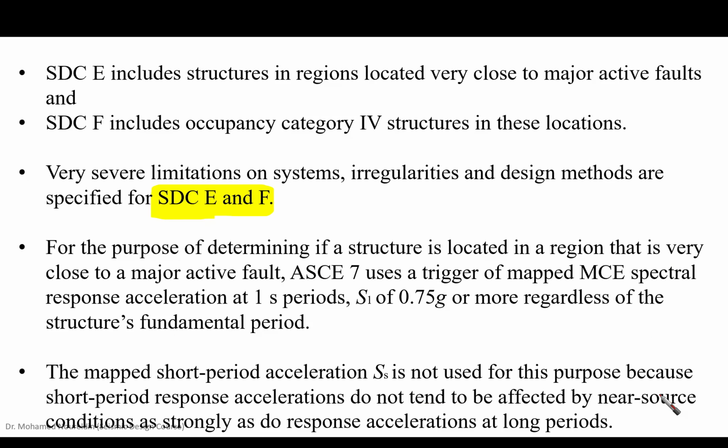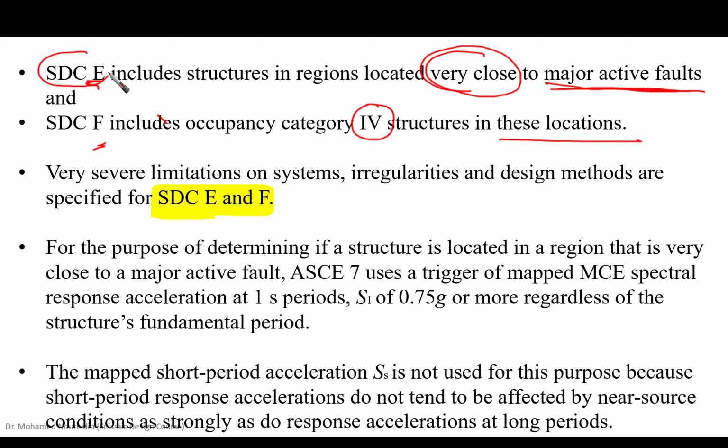For seismic design categories E and F, it includes structures in regions located very close, take care, very close to major active faults like San Andreas, for example. And SDC F includes the occupancy category for structures in these locations. So SDC E is in the vicinity of earthquakes, but SDC F is more severe. That is the buildings with risk category 4.